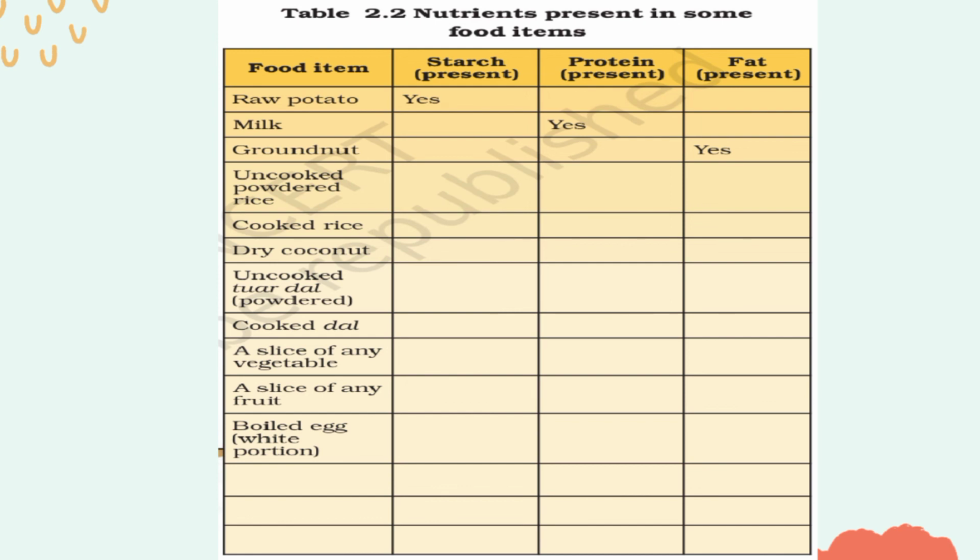A slice of any fruit, let us take apple, will also turn blue-black, which contains starch. Boiled egg: the white portion contains protein, which will change into violet color when you add caustic soda and copper sulfate solution.